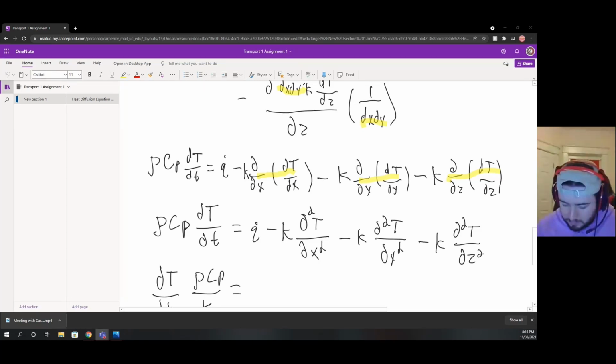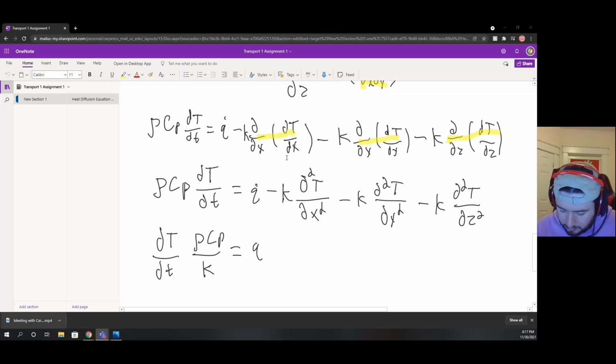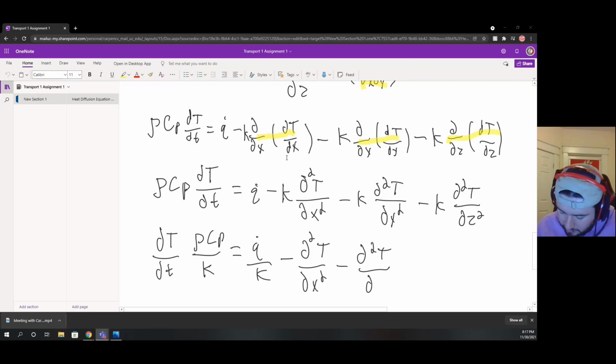And that is going to be equal to Q over K minus second degree partial derivative of temperature in terms of X minus partial derivative of temperature in terms of Y minus the second degree partial derivative of temperature in terms of Z.